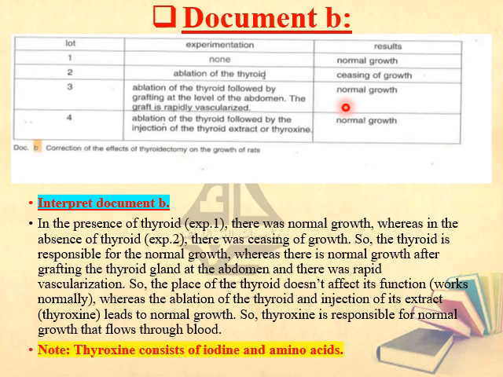Your body is going to function properly and ensure normal growth. So from here, we can conclude that the place of the thyroid gland doesn't affect its function. Wherever it is found in your body, wherever it is grafted, your body is going to act normally and to ensure normal growth. So such a gland, its place doesn't affect its function.